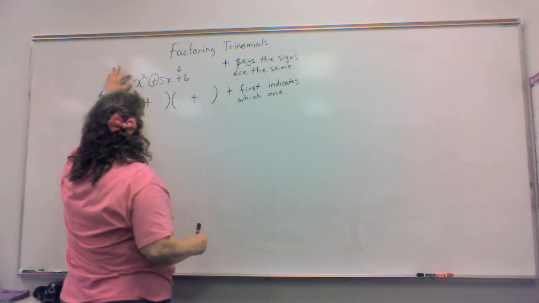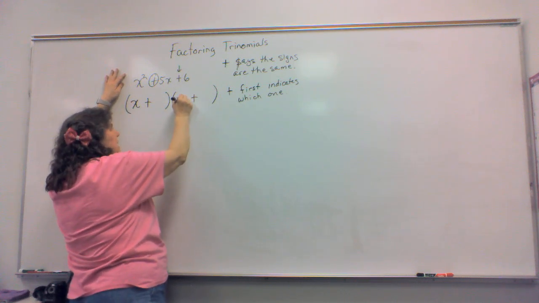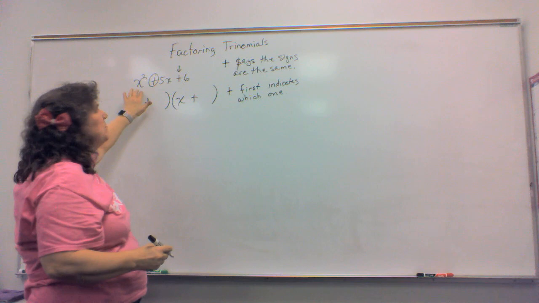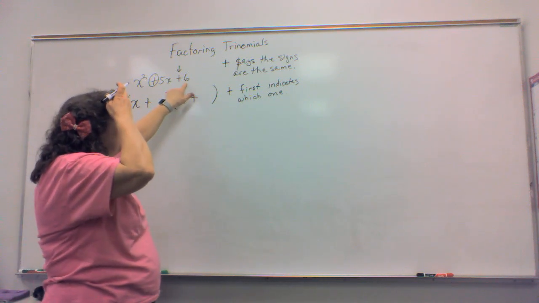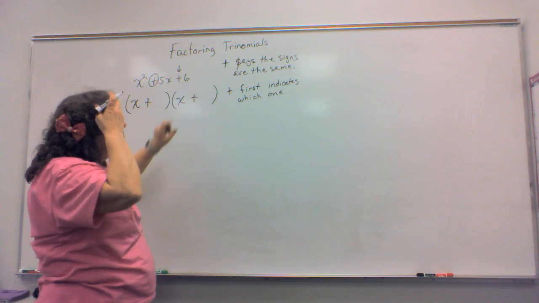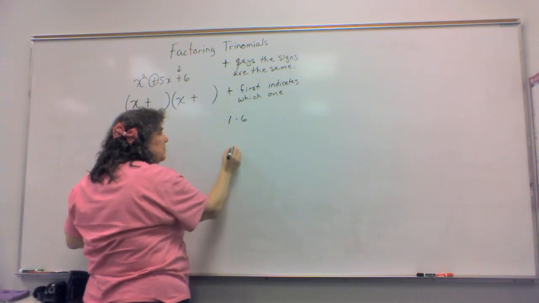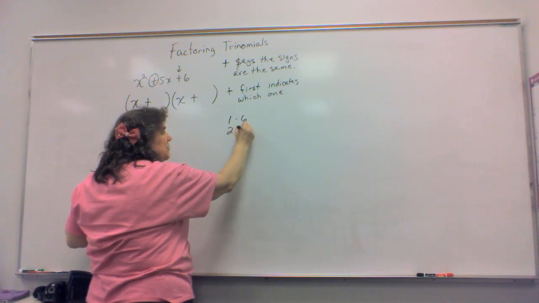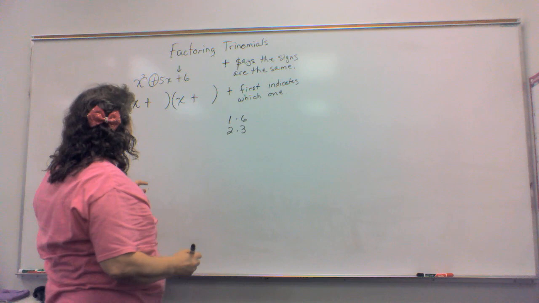Now, x squared is x times x. That's why it's simple. That's the only choice you have, is x times x. But for my 6, we have two possibilities. We have 1 times 6 is equal to 6, and 2 times 3 is equal to 6. How do we know which one it is?